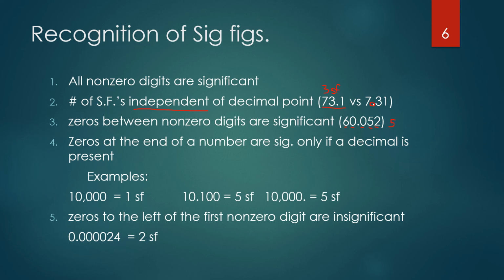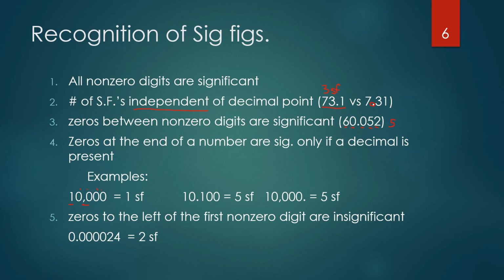So say you have the number 10,000. There is a comma in the number, but there is no decimal point. All right, so the number 1, does that count? Yes, it does, because it's not a 0. But to figure out if these zeros here count, we have to look and see.